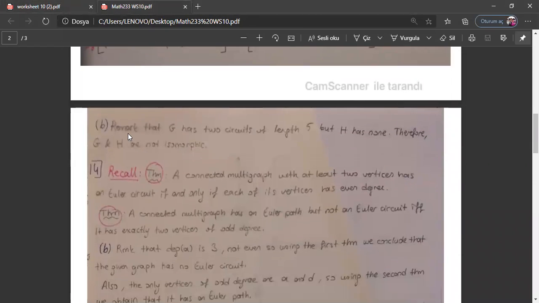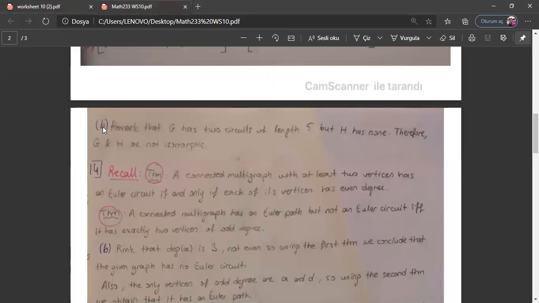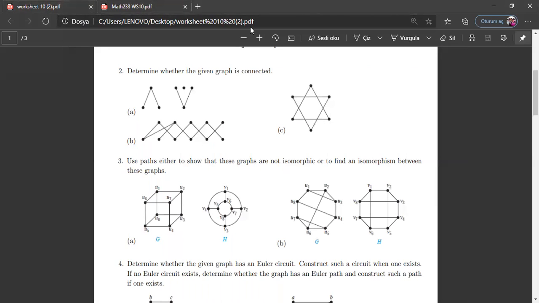So for the second part, again, as I said before, you need to check first the 3 invariants, and you see they are equal, and another one using the paths to decide if they are isomorphic or not. So as in this explanation, here we see that G has circuits of length 5.